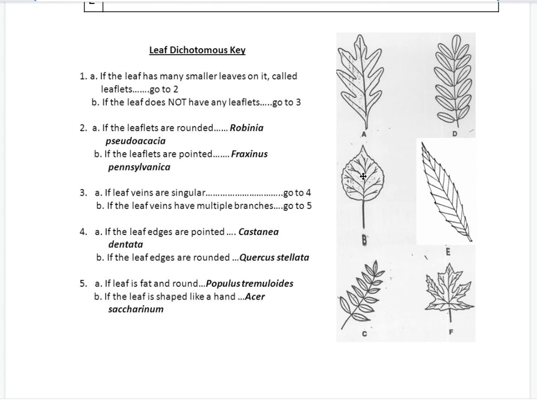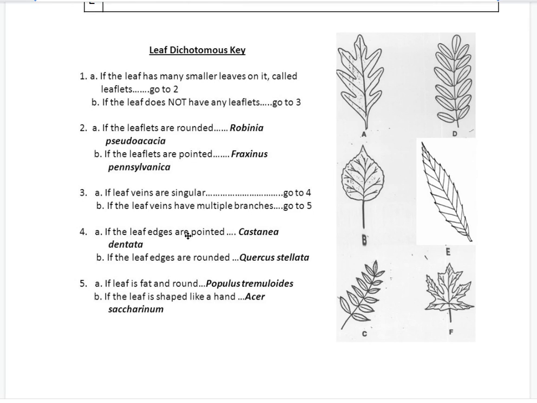Well, we can compare A to B right under it. On B, we can see that there are small little branches coming off of the main one, but on A, we kind of just have the main ones, except at the top, but that's because the top's probably going to fuse out into more sections. So we're going to say that the leaf veins are singular. We're going to go to 4.